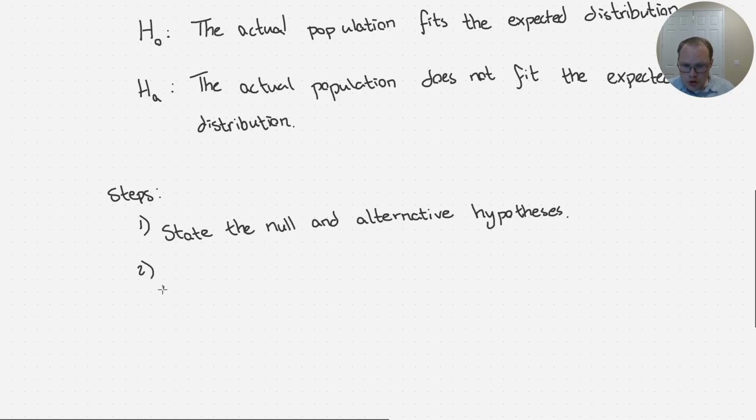Two, assuming the null hypothesis is true, identify the sampling distribution.